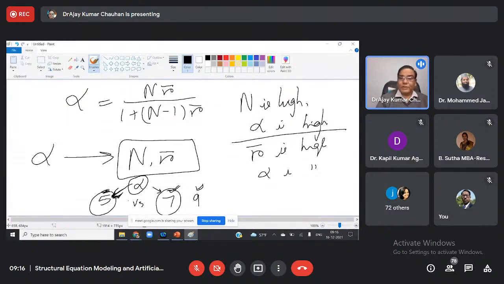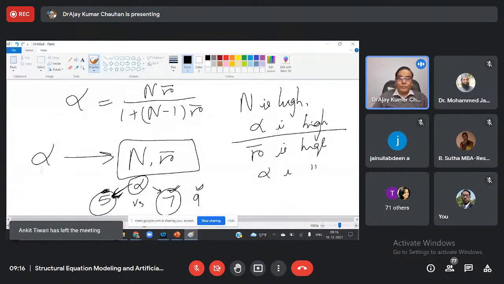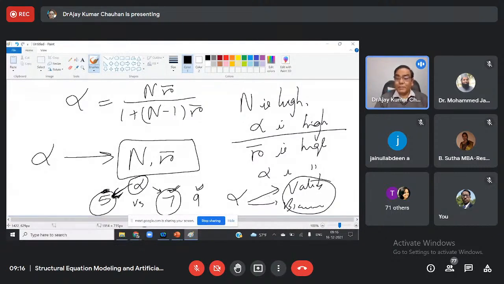So this is one of the reasons why we should not use the 5-point scale. This is the outcome of alpha, because alpha leads to validity, alpha leads to biasness. So there are so many problems which come from the wrong alpha.